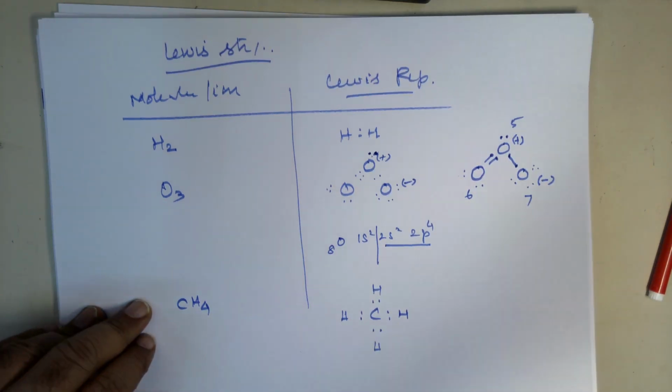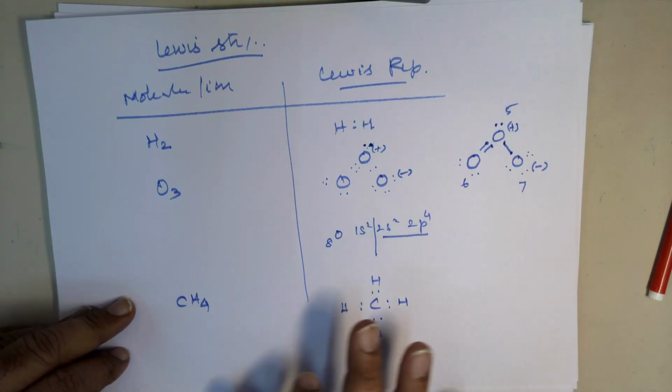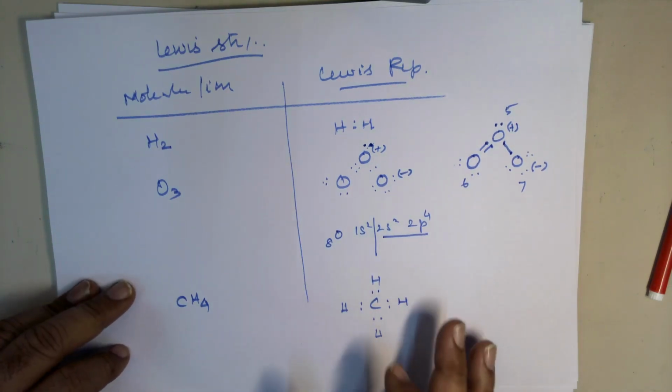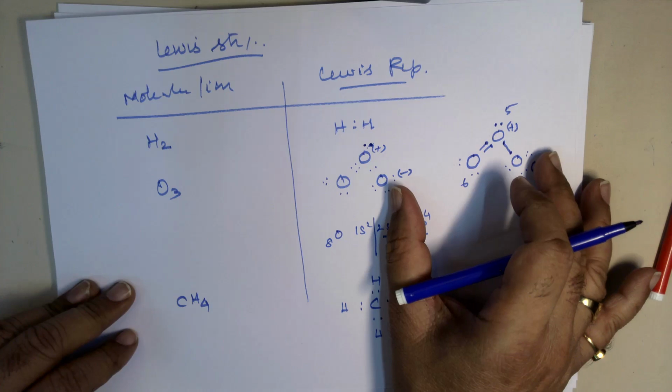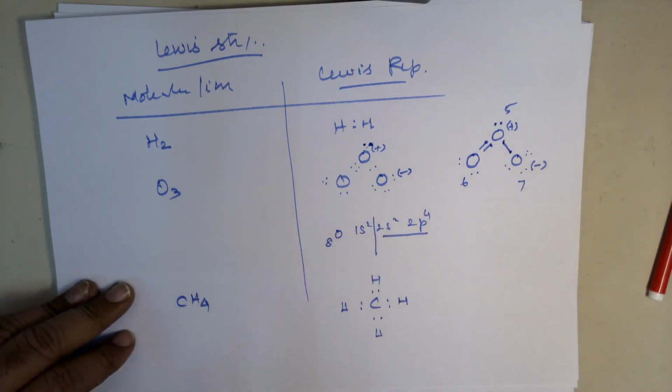In fact, I have detailed this under Lewis structure. You must be able to work out the Lewis structure according to the rule I have already given. Please work it out and try to get me that. If you are unable to get this structure, then ask me. So this is regarding Lewis structure.